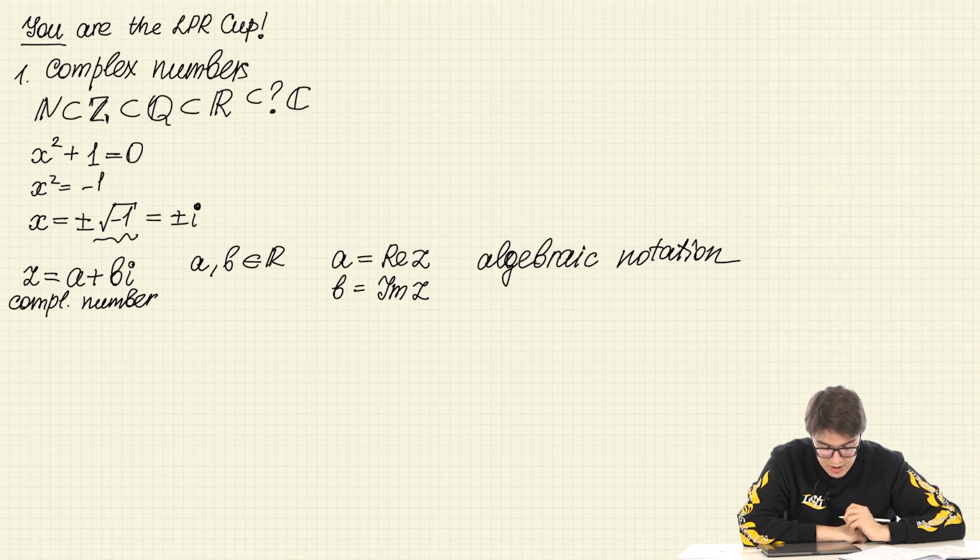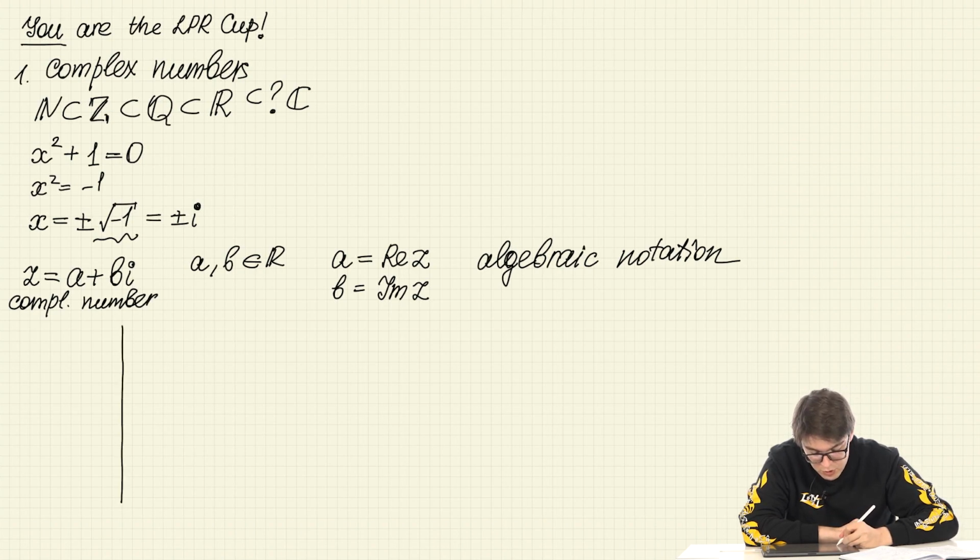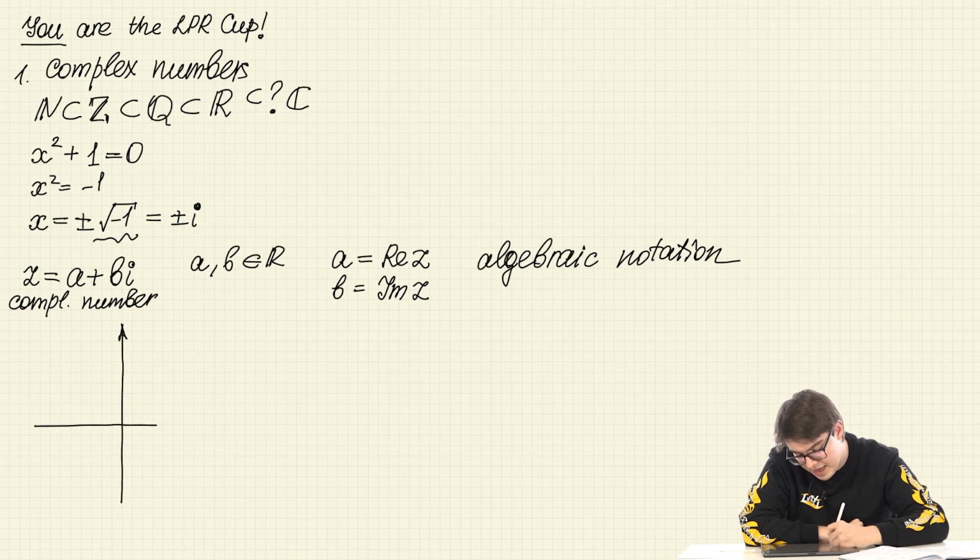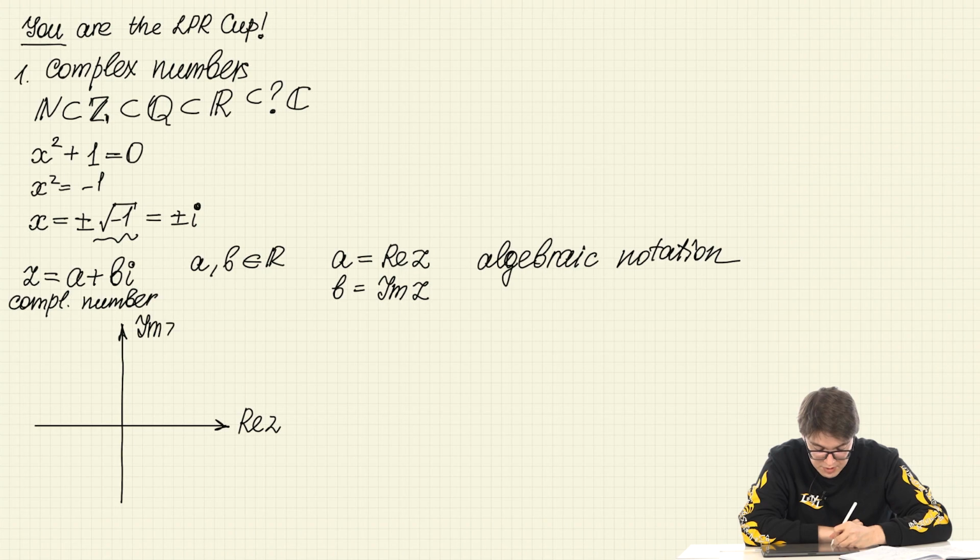As soon as a complex number is parameterized with two parameters, we can draw a plane, which is also called a complex plane, and describe this complex number in this plane. Real z, imaginary z, and some kind of vector with coordinates a and b.